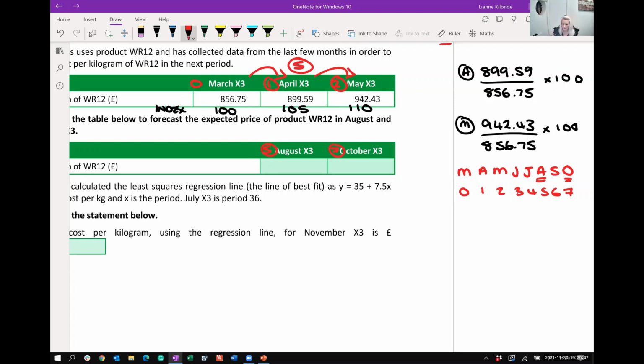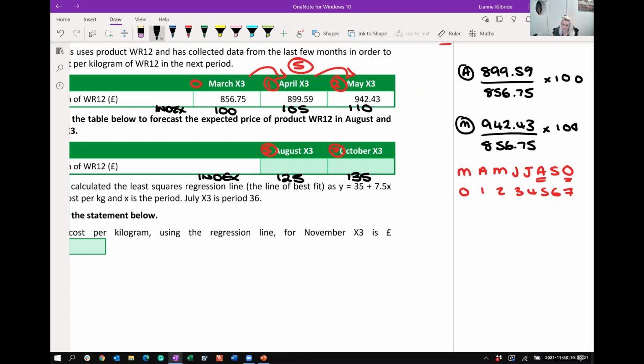Now all we need to do is multiply each of the period numbers by the increase. Every month there is a 5% increase. So 5 times 5 gives an index of 125 for August. For October, well done guys, you're really good at picking this up, 7 times 5, the index must be 135.